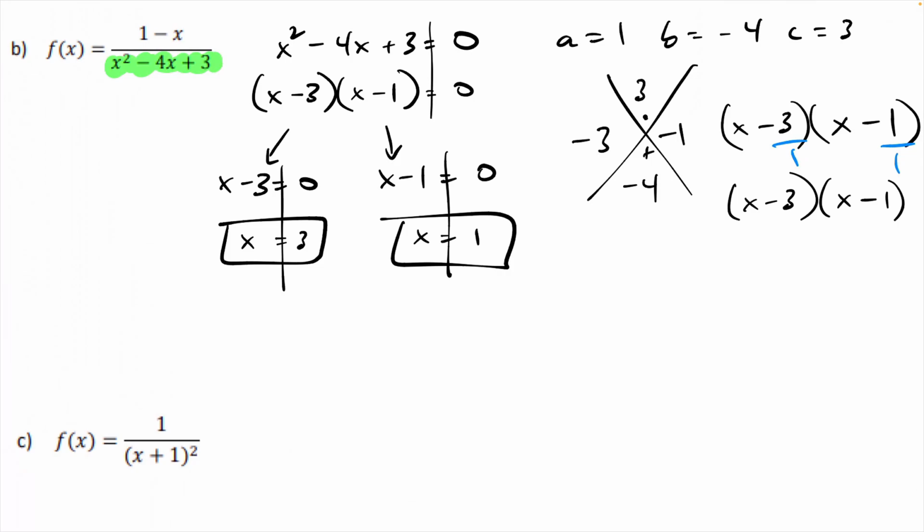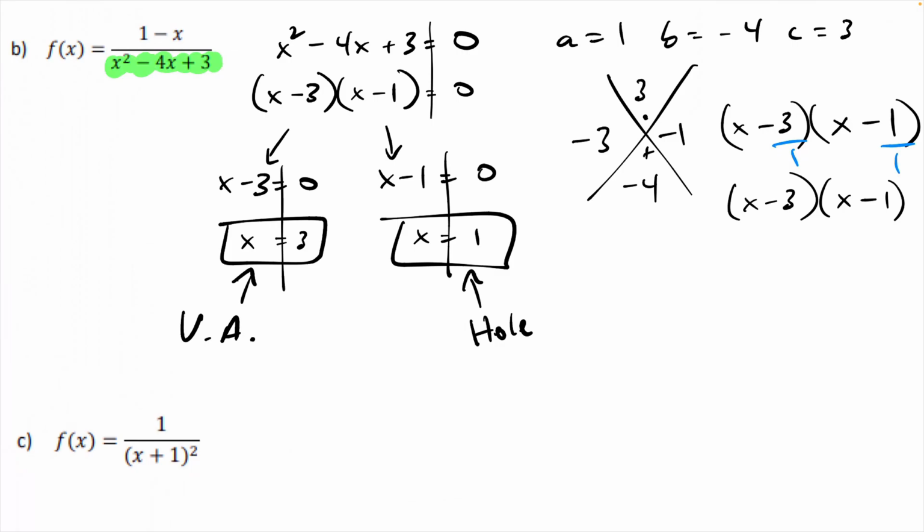No, so that's a vertical asymptote. If I were to plug in 1 on top, would I get 0 or something else? 0, so this is a hole. So if I was answering this question, it would only be 3. I wouldn't put 1 because 1's a hole.